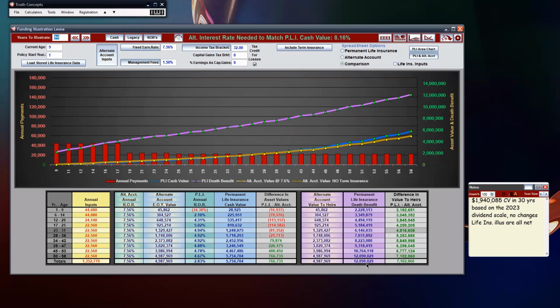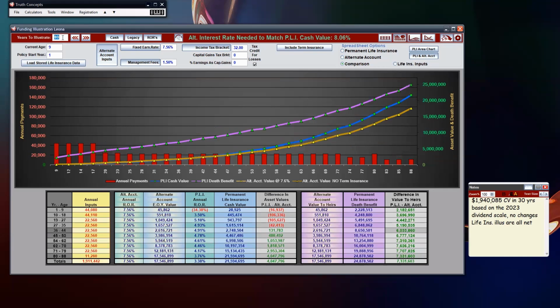And let's take this out to a more reasonable life expectancy. So let's go out 80 years. And so that would be age 89. And at that point in time, this is the difference that we would see.